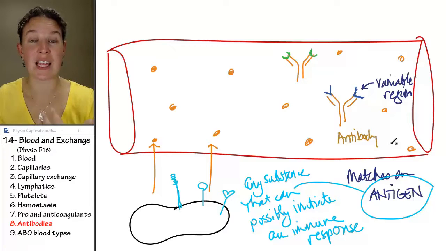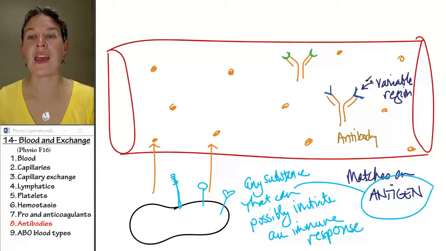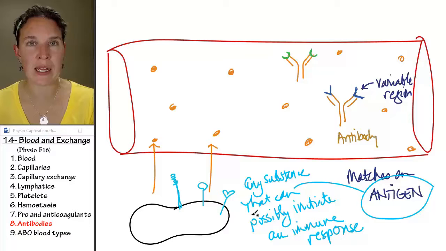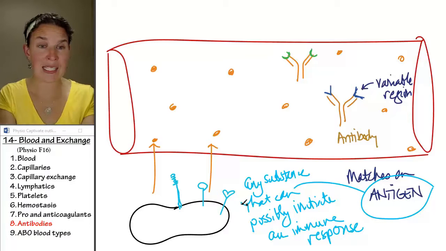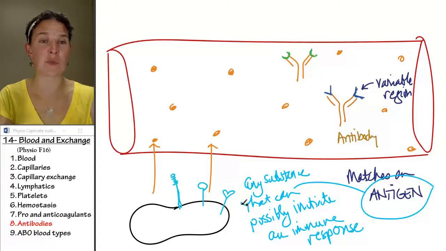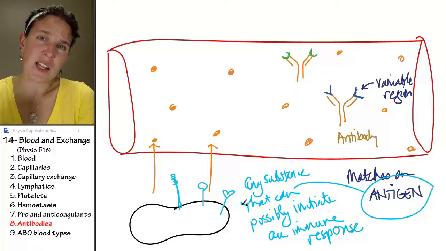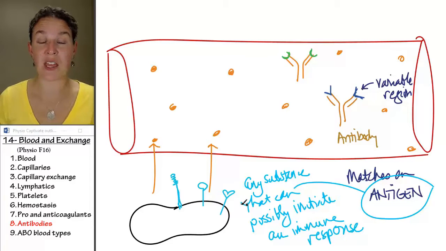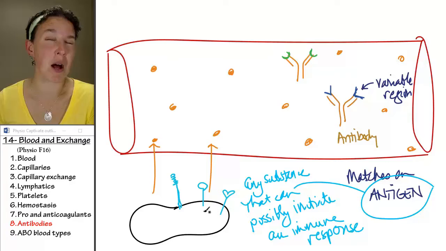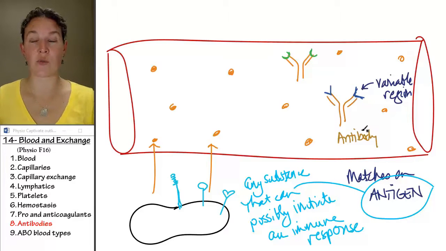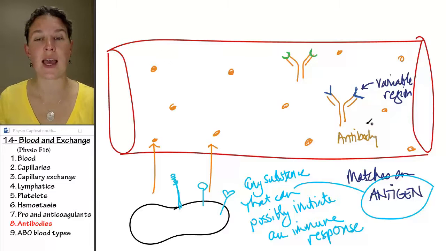So it's the thing that's like helping to do the monitoring. The variable region of the antibody matches to an antigen, and they can have like crazy numbers of possible variable regions. And they're very specific. Like they will match to a specific pathogen or a specific molecule on a pathogen and initiate an immune response through the strategies that antibodies have.